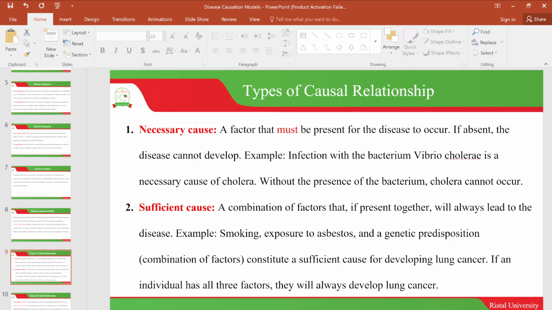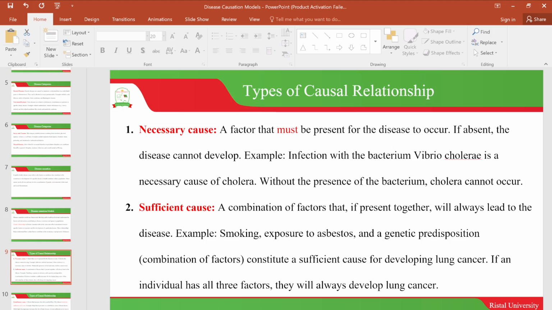Okay, so you cannot have malaria without being infected by the Plasmodium species. That means that the Plasmodium should be the agent that has affected you for you to get malaria. So if you don't have the Plasmodium species in your blood, then you will not have malaria.